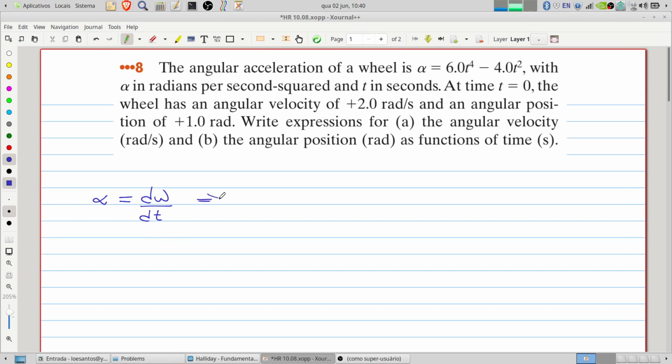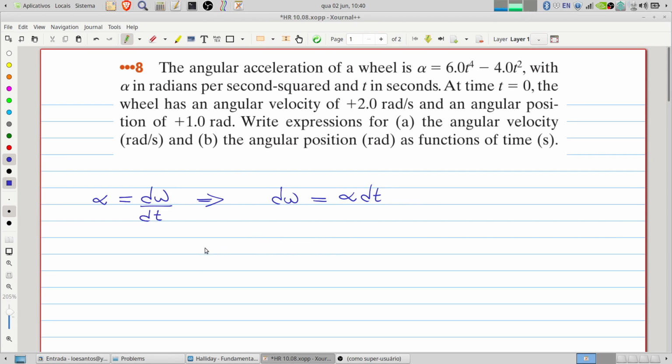Therefore, a small variation of the velocity equals the acceleration times a small variation of time. And then we can integrate this expression in time.